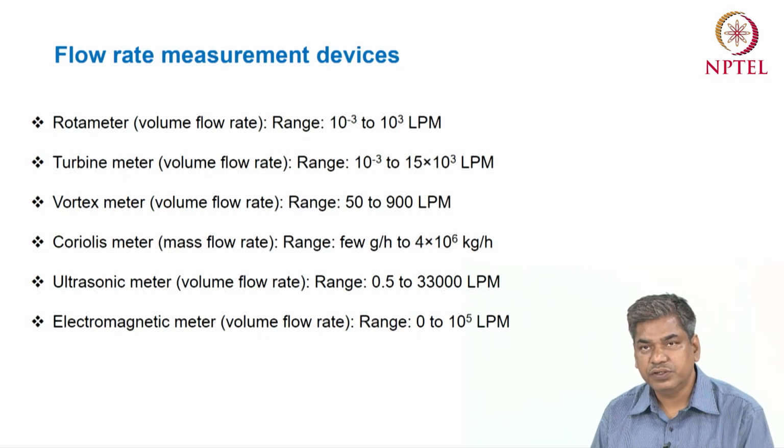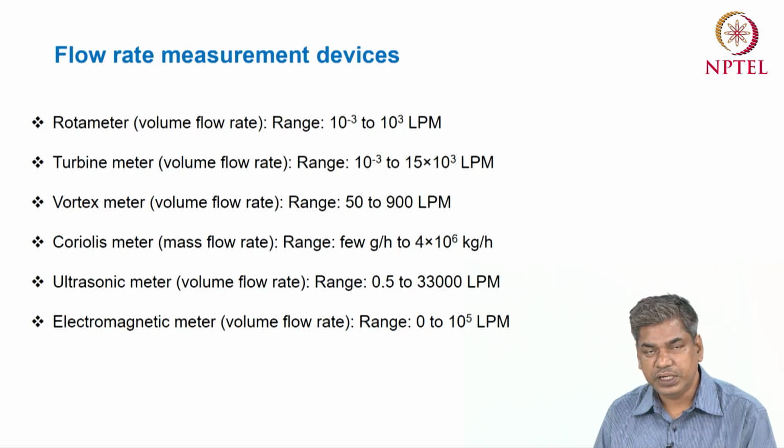For the ultrasonic volume flow meter, the range is approximately 0.5 to 33,000 liter per minute. In case of the electromagnetic flow meter, the range is from 0 to 10 to the power 5 liter per minute.